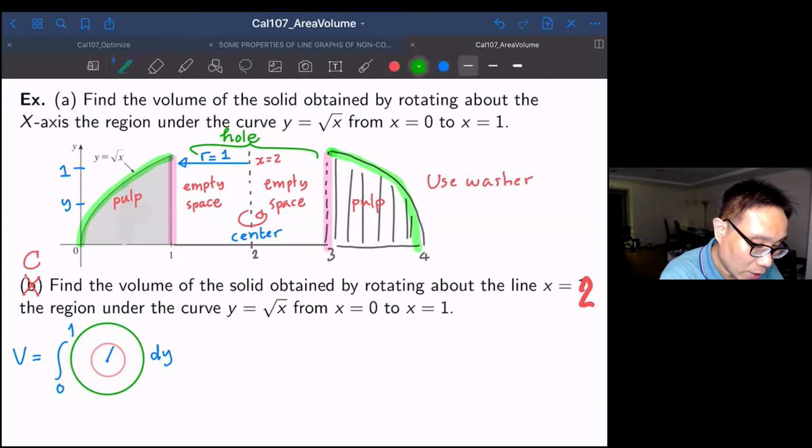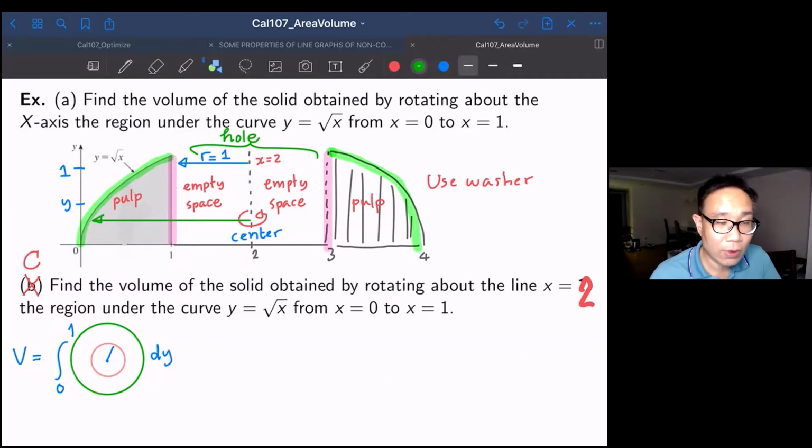And you have this guy, so you have the outside one. The outside one in this case is going to be y equal to root x, and this one is going to be x equal to 2. So it's going to be 2, and you have your x here.